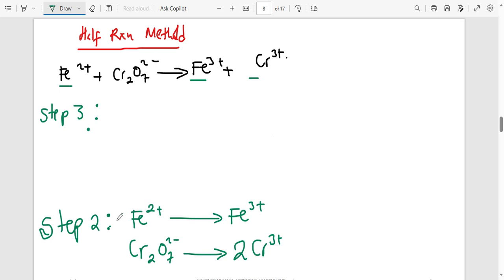Now you can see the first equation here doesn't have any oxygen, so we just write it the same way it is.